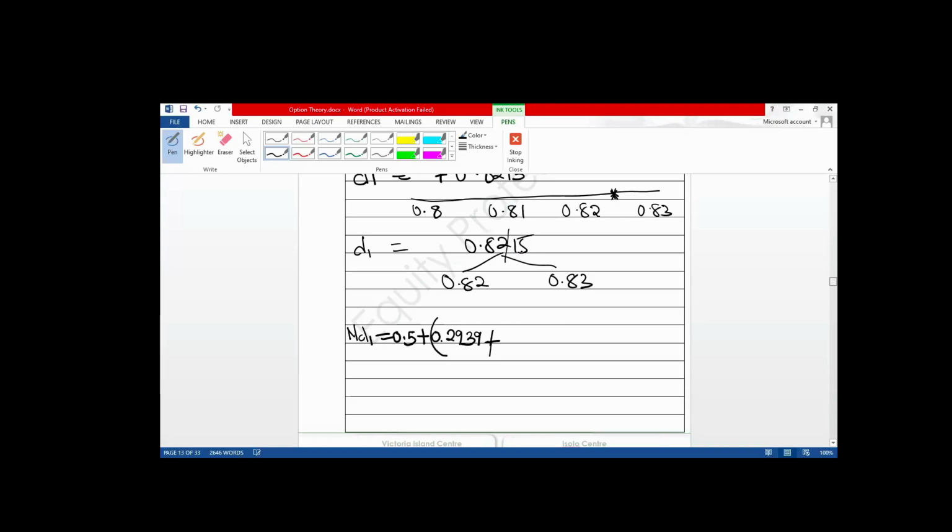You are left with what? 15. You are left with 0.15.